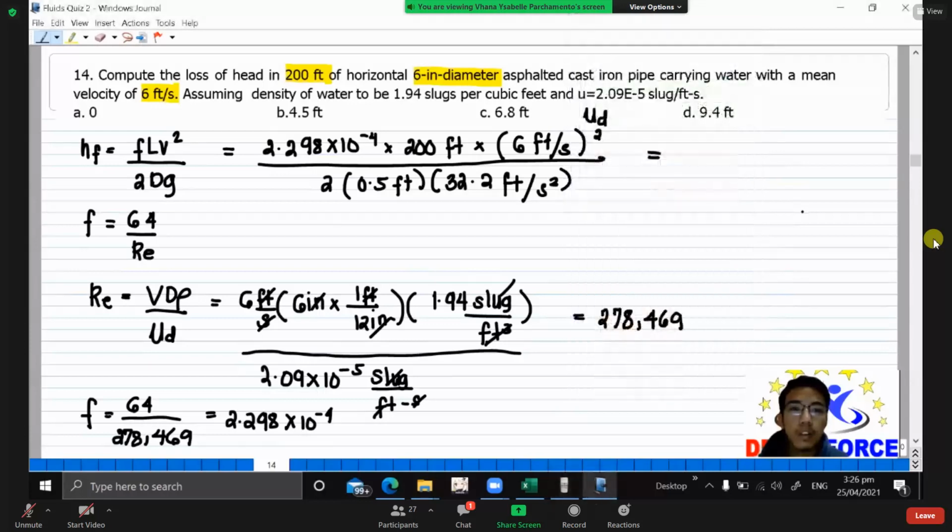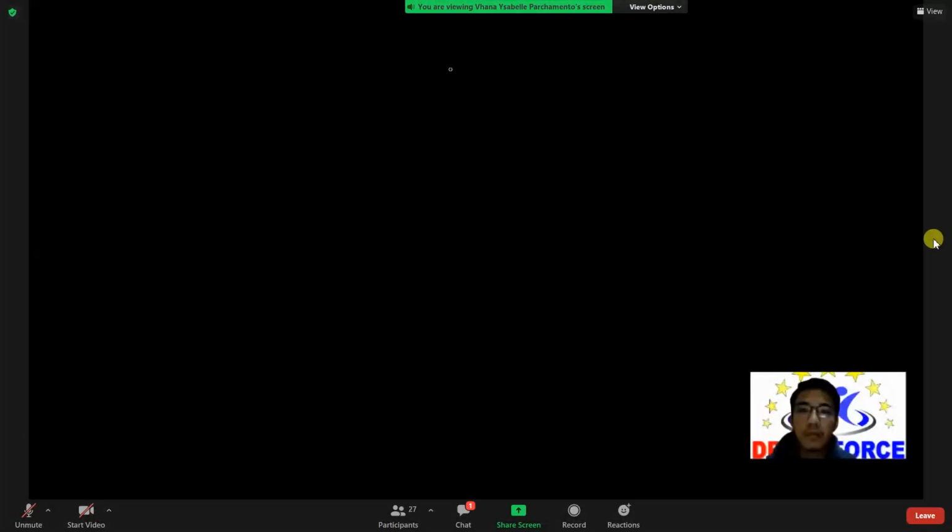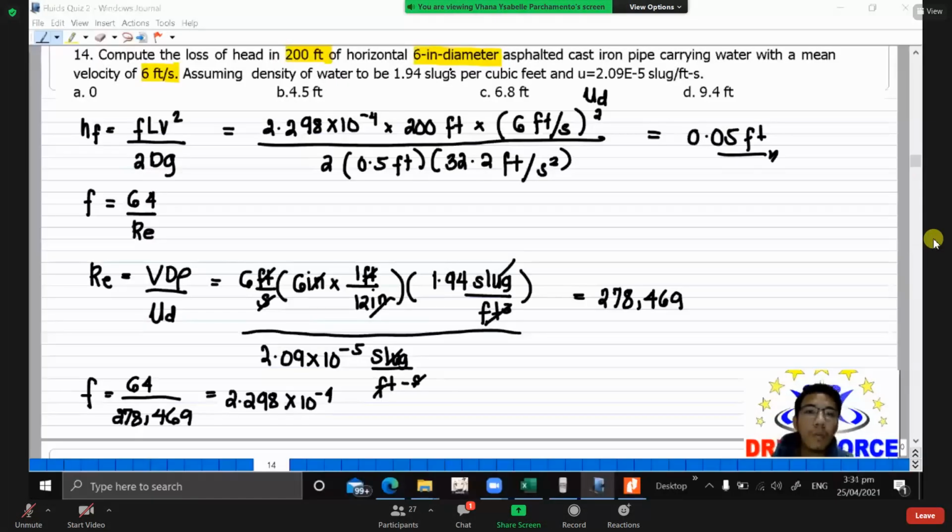Talaga, 0.05. Okay, so piliin na lang natin yung type po ito. 0.05 feet, wala kasi sa choices. Yan, so sino bang pipili natin dito sa 0.05 feet?